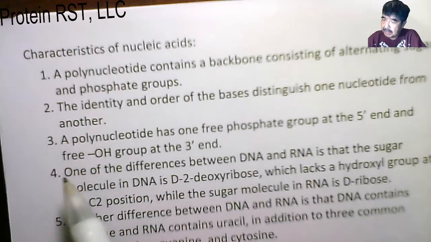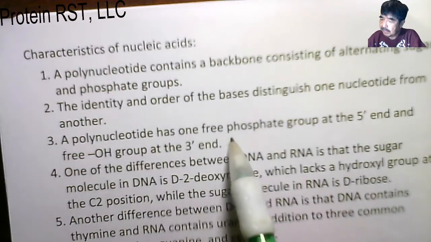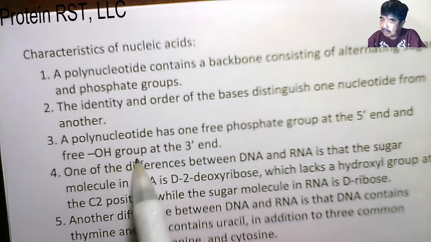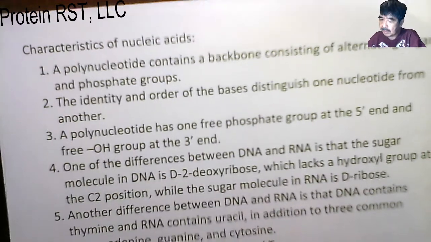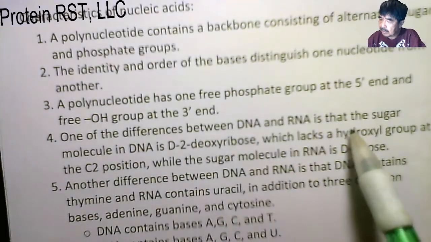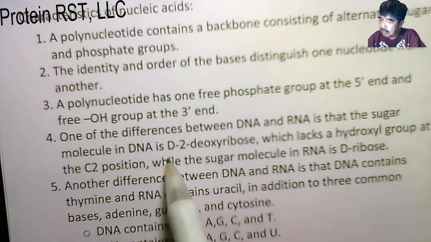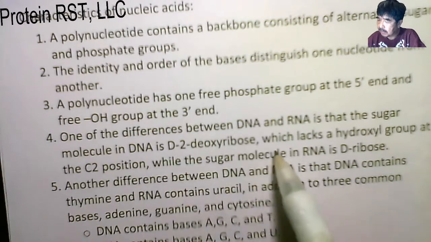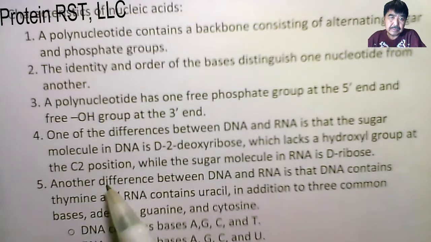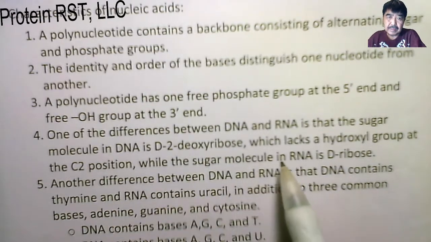Number 3, a polynucleotide has one free phosphate group at the 5' end and a free hydroxy group at the 3' end. Number 4, one of the differences between DNA and RNA is that the sugar molecule in DNA is D-2-deoxyribose, which lacks a hydroxy group at the C2 position, while the sugar molecule in RNA is D-ribose.